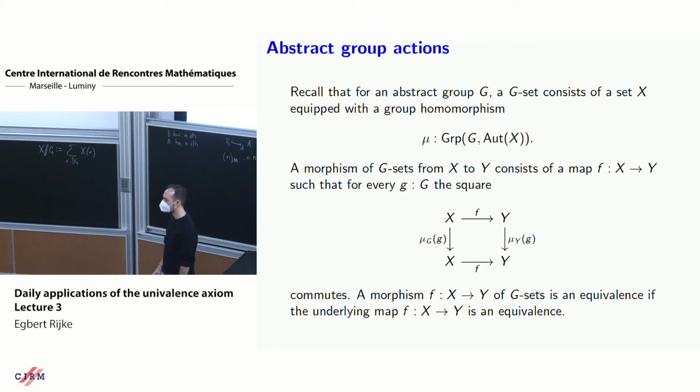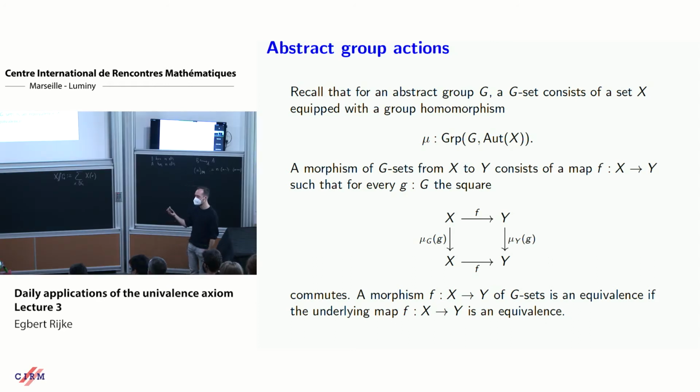We saw now what a concrete group action is. If we start with a concrete group, then a concrete group action is just a type family over that group. But now, if we start with an abstract group, the one everybody learned about in algebra class, then of course you can also say what a G-set is, what it means for G to act on a type or a set.